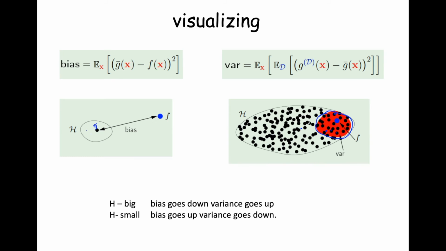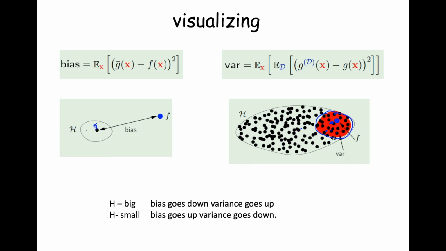And so finding it means you have a sample, and then you train, you learn, you search, and depending on that data set, you're going to get a lot of different versions of your final best hypothesis g. So there's variability in all those versions. And so if your hypothesis set is really big, we see your bias goes down because the best you can do, which would be right in the middle of this cloud of variability, is very, very close to your unknown target function.